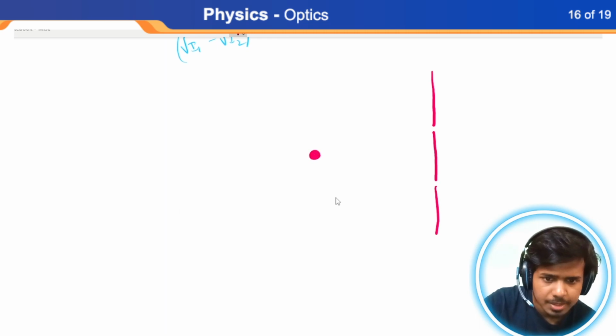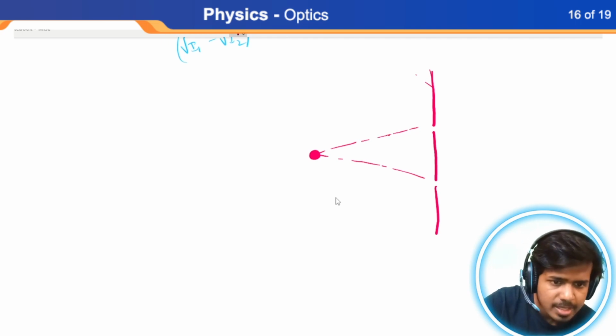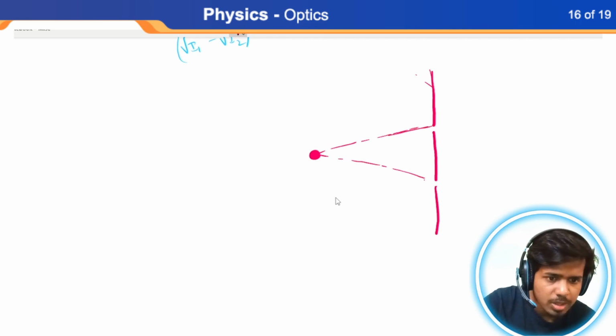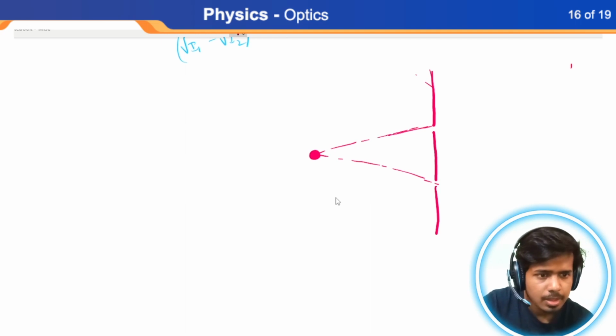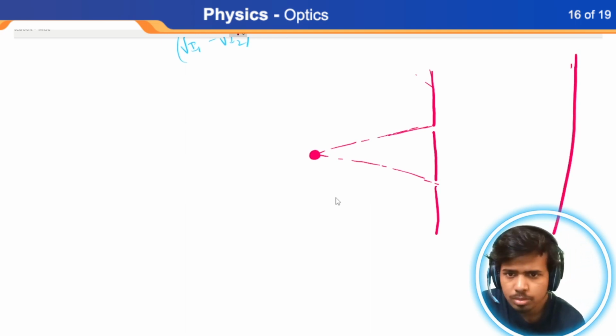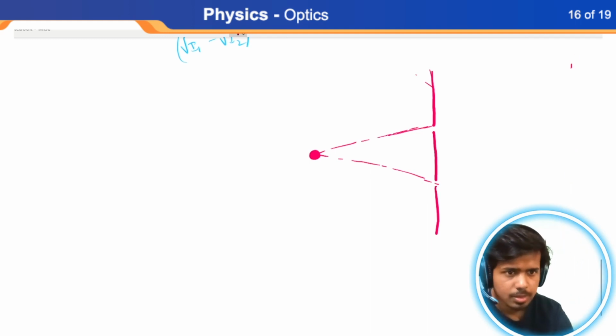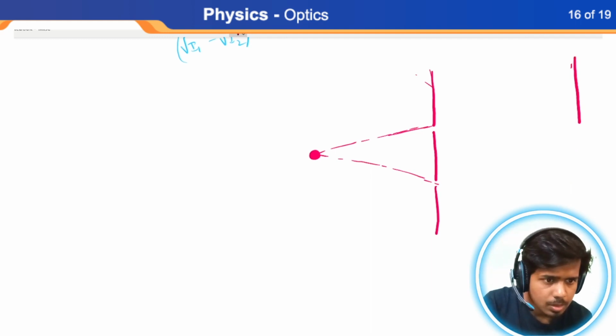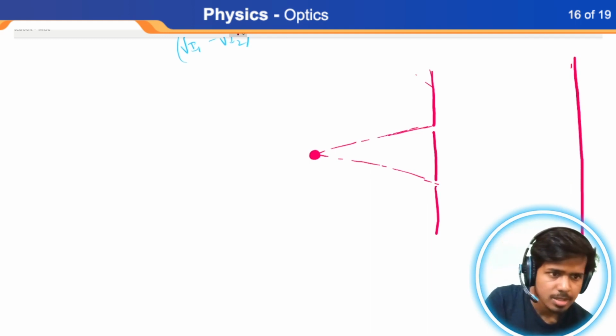It will emit light in all directions, including these two directions. All the light that is getting reflected over here doesn't matter. Only the light which passes through these two slits will appear on the screen. Yes, this is a screen.